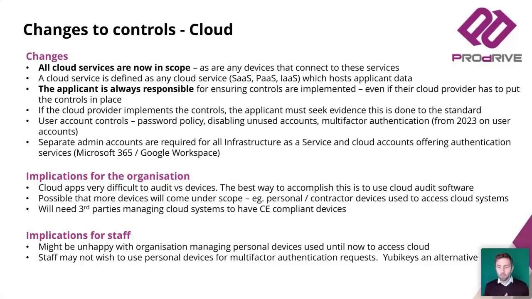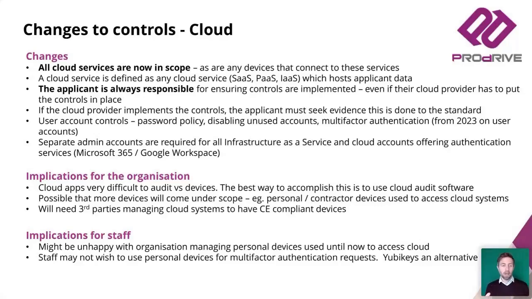It's also possible that more devices will come into scope. Previously, on the old scheme, cloud services were often accessed outside the organization by contractors or people using personal devices. Because the data was locked down into the cloud and couldn't be downloaded, those devices weren't in scope.